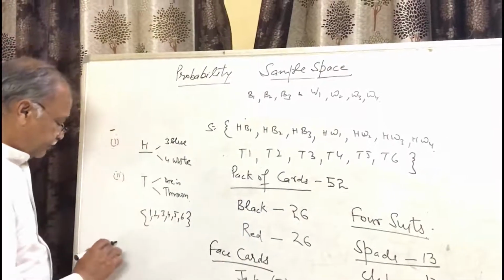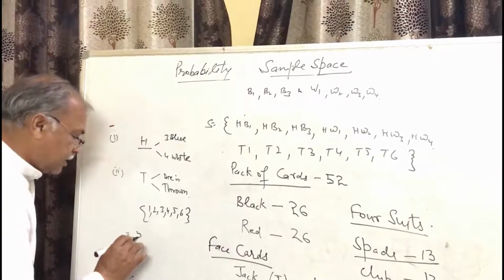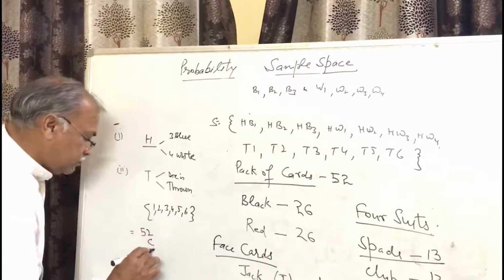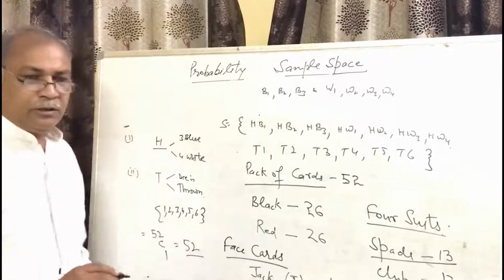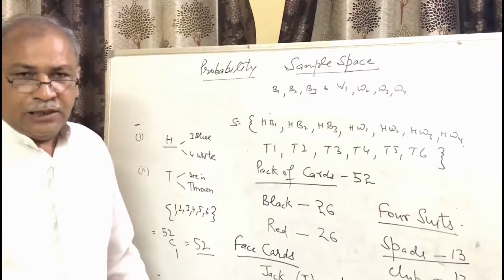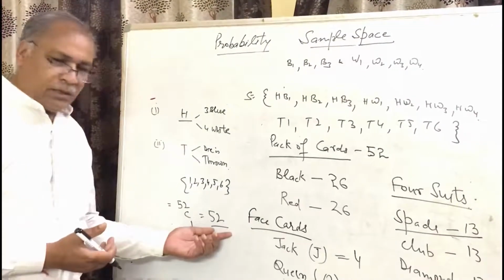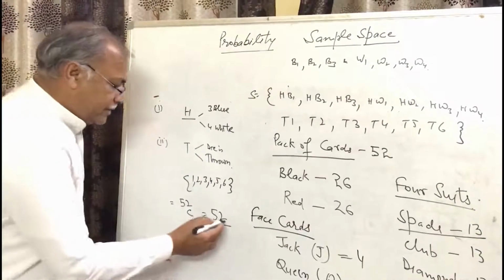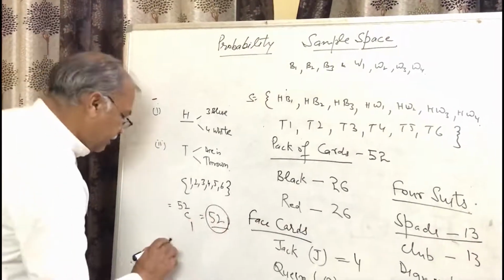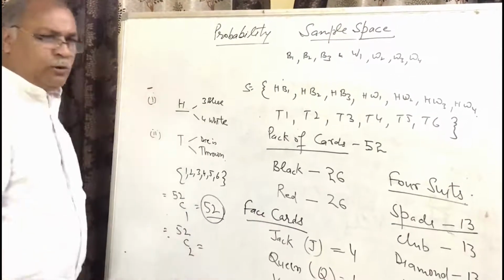When we draw a card from a well-spread pack of cards, then possible outcomes are 52C1, meaning 52 cases. Why? Well, every card is eligible for drawing. Any card can be drawn, and when we draw one card, then 52 cases are available. And if we draw two cards, then how can we draw two cards?